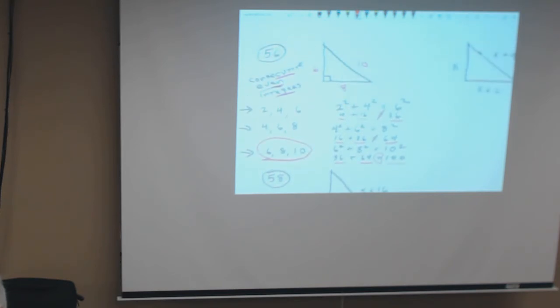If you want to do it with algebra, you could call this side x, and then this side would be 2 more than x, even numbers, and this one would be 4 more than x. Then you would have x squared plus x plus 2 squared equals x plus 4 squared.